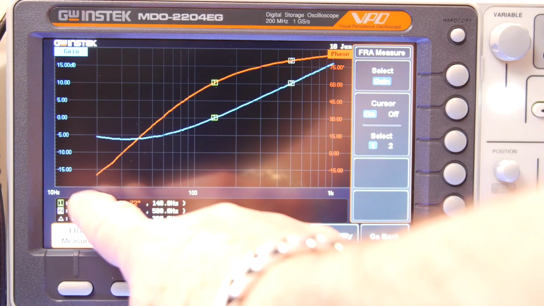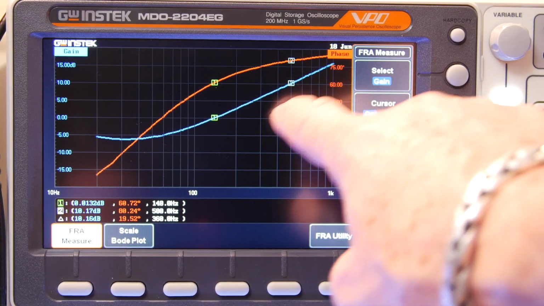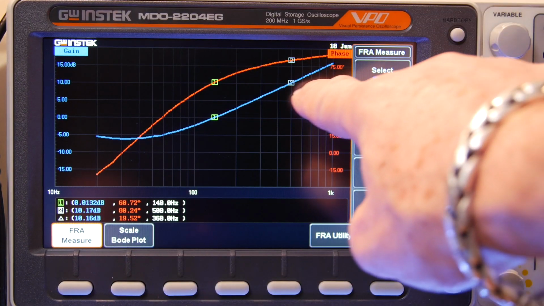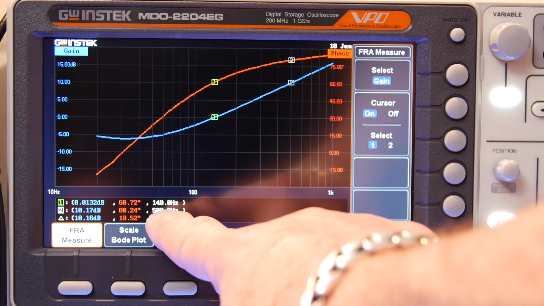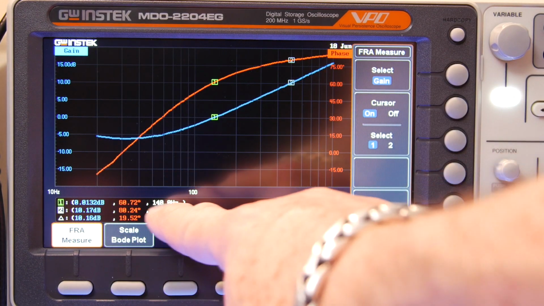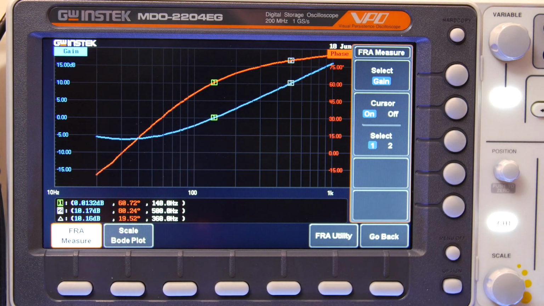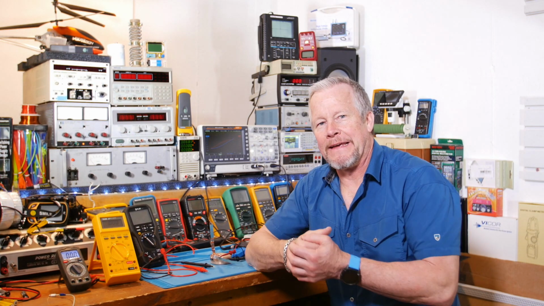So if we take each one of those, we can calculate what the 10 dB happens at 500 hertz, and 0 dB happens at 140. We can use those to calculate and see what the resistance should be, and what the inductance should be.